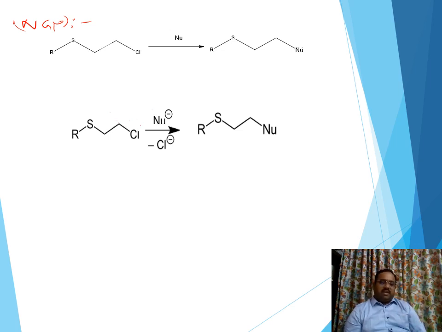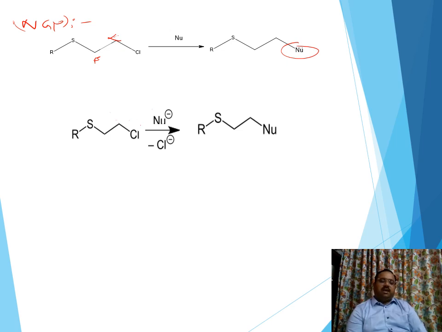But in this reaction, you can see one example. This is your alpha position, and this is your beta position. You have the nucleophile. This is the same reaction as we see in SN1 and SN2. But what is the observation?